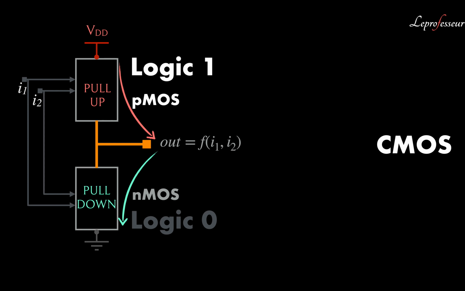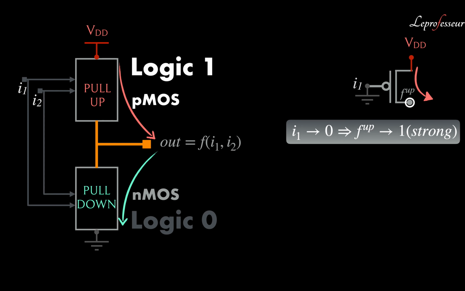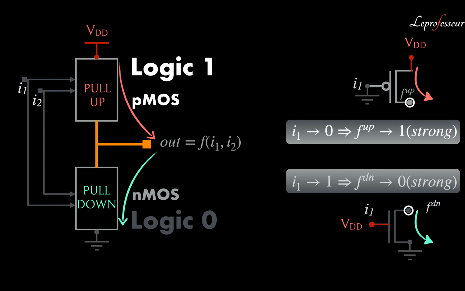Now we also have discussed PMOS in a configuration of the pull-up where, when the gate is connected to 0, the output is pulled up to a strong 1. That's the characteristic of the PMOS we have discussed. We have also discussed similarly the characteristics of NMOS, where the gate is connected to VDD and one terminal is connected to ground.